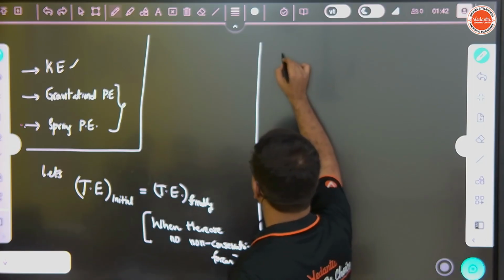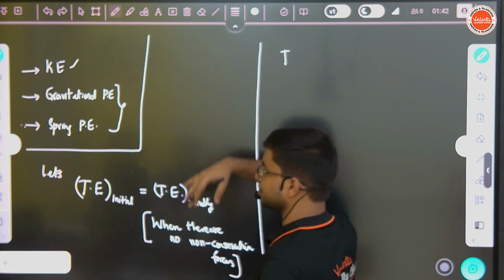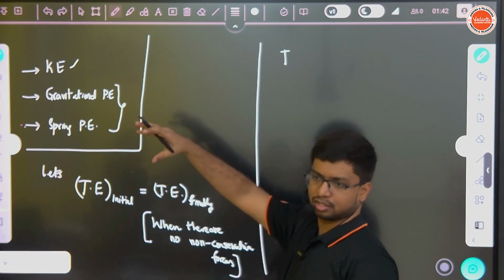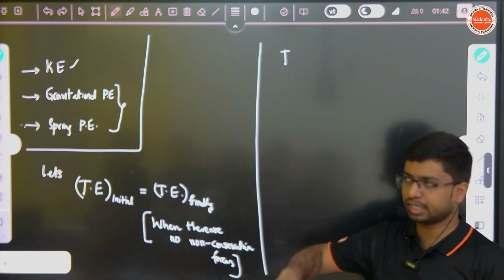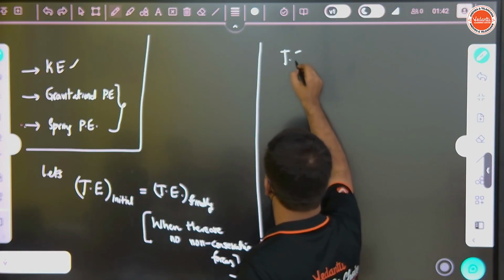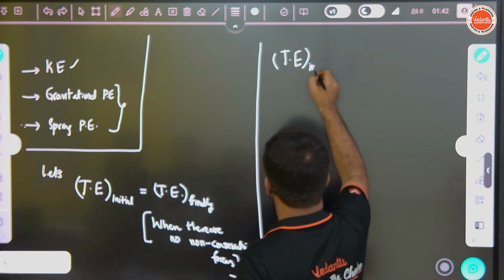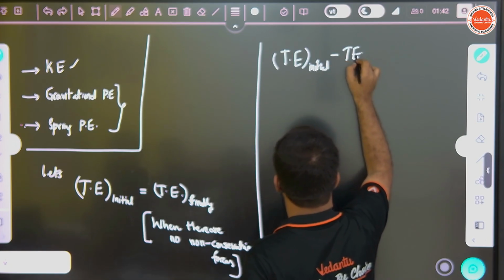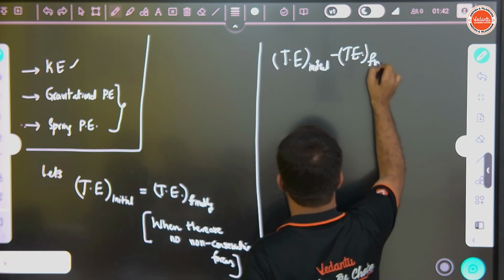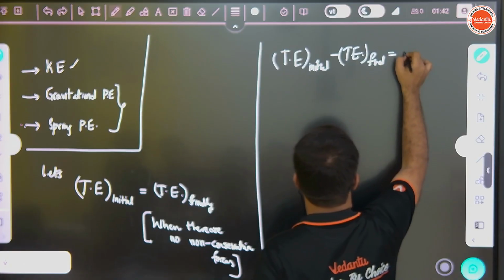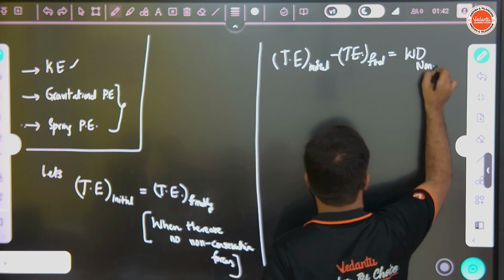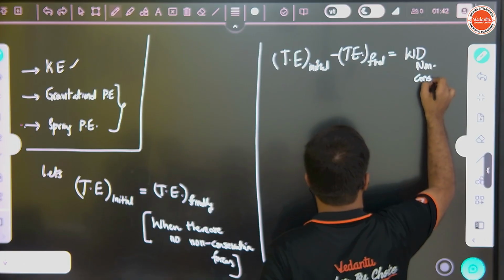So if total energy of the system is getting reduced, which means initially you have some higher energy, it is getting lowered, right? So I'll write the total energy initial minus total energy final. This is nothing but the work done by non-conservative forces.